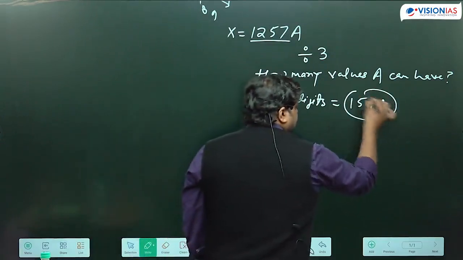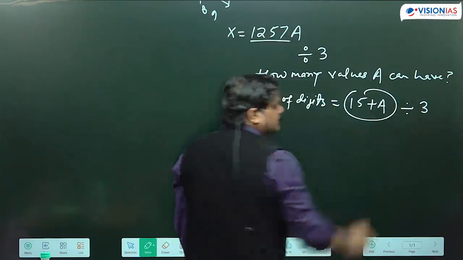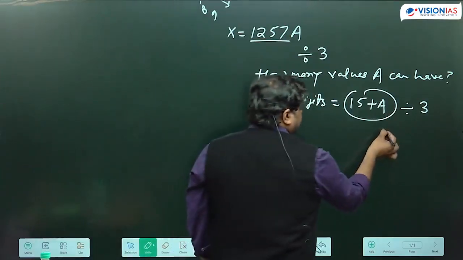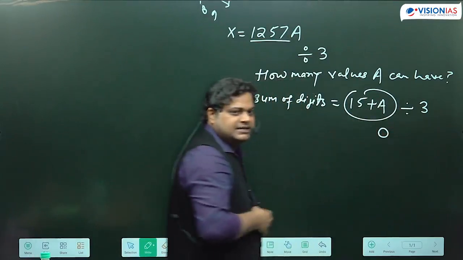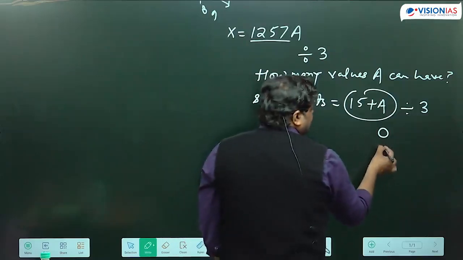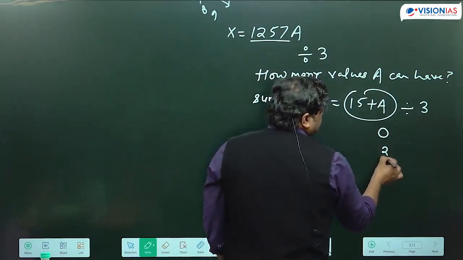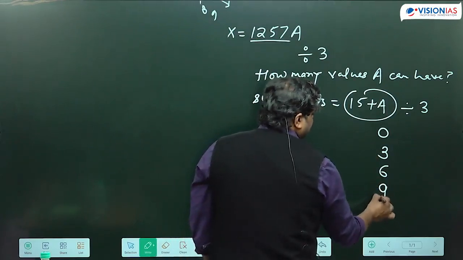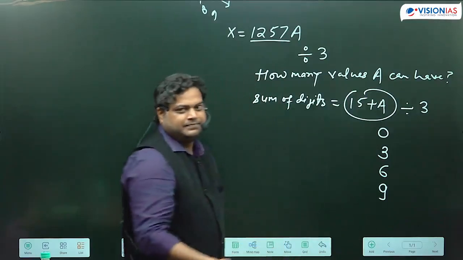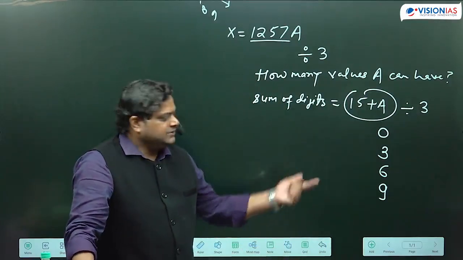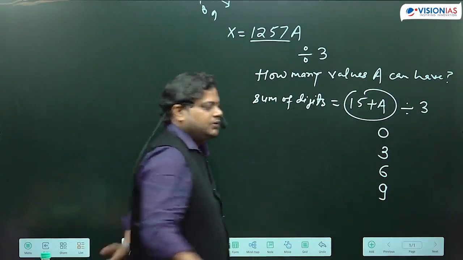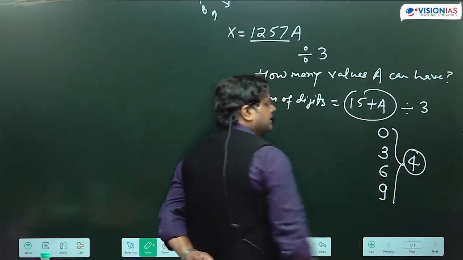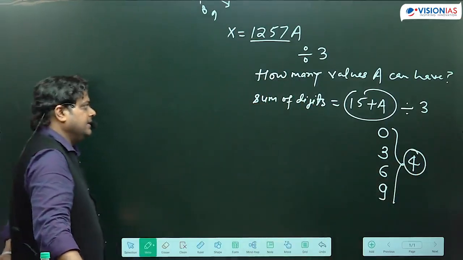This must be divisible by 3. What can be the possible values of a? The value of a can be 0, since 15 is divisible. After then 3, after then 6, after then 9. a is a digit, so it cannot go beyond 9. Total 4 such values it can take.